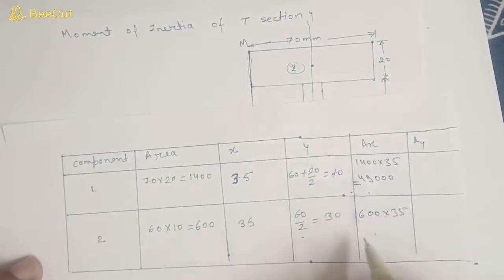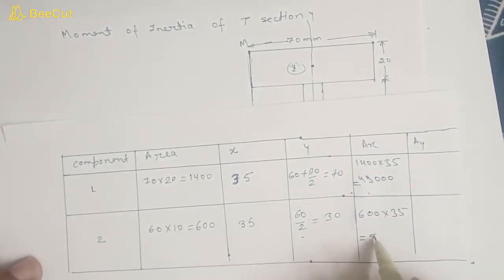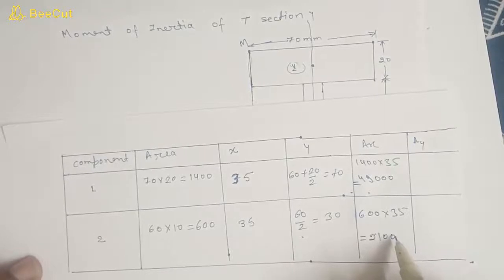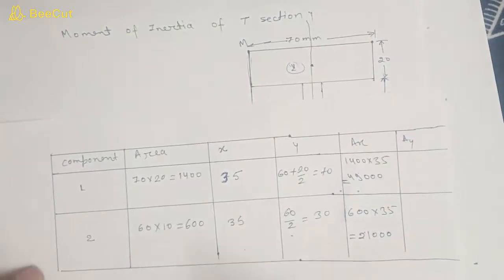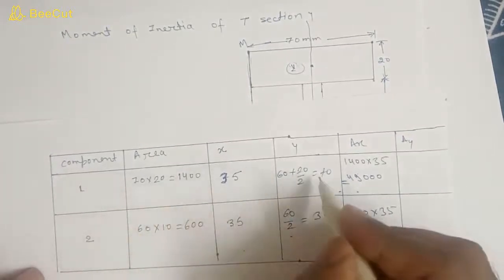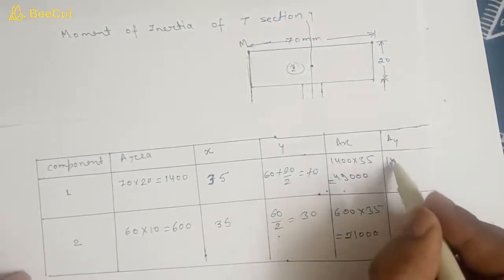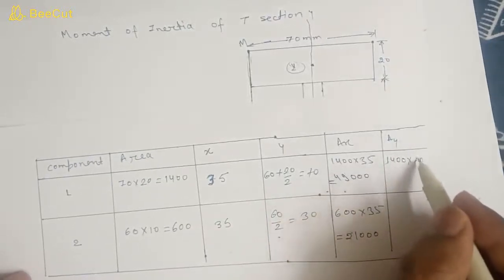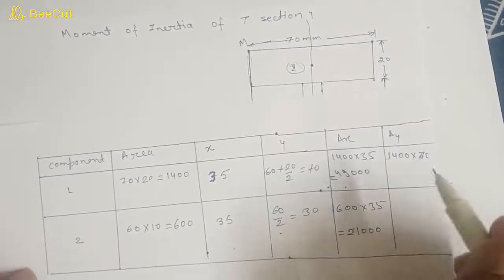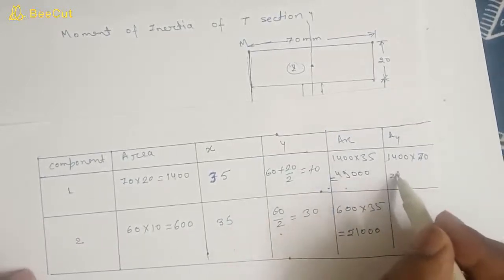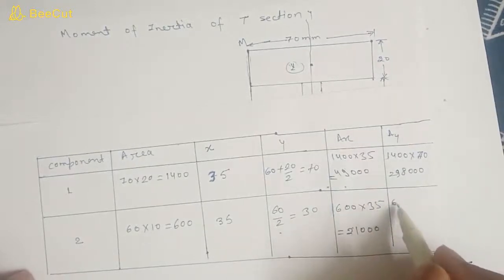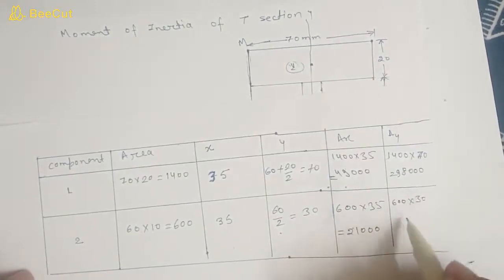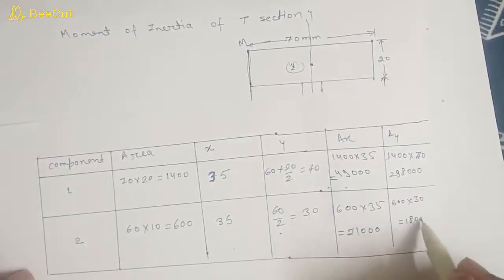If you multiply these two, we get 21,000. Now AY: we multiply 1400 with 70. After multiplying we get 98,000, and for this we get 600 into 30, so we get 18,000.